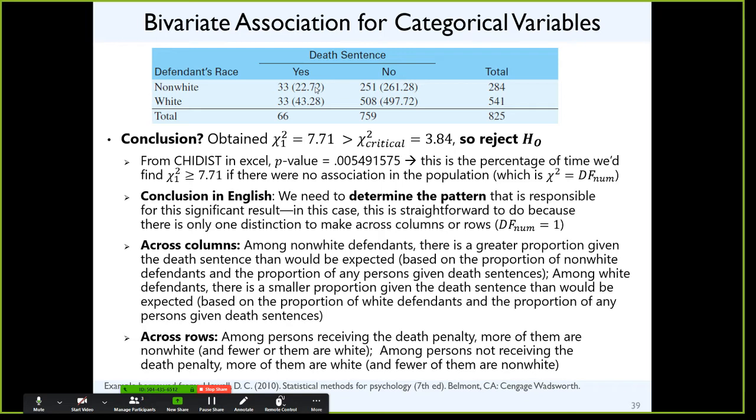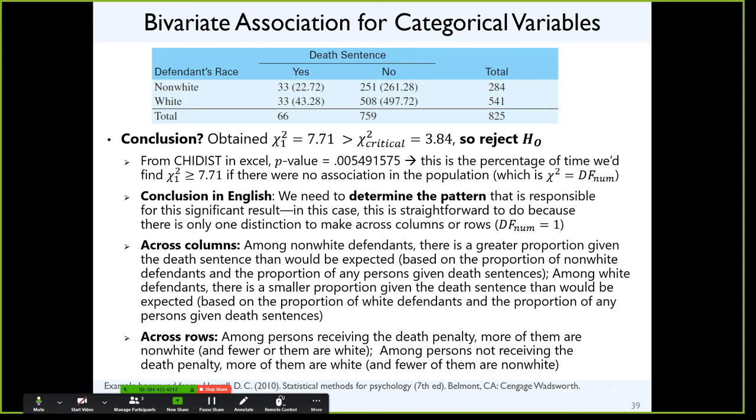I expected, based on just the frequency of each type of person in my data set, that 22 people would be given the death sentence if it were completely fair and had nothing to do with race. I got 33 instead. So yes, there is an association. Being non-white makes you more likely to be given a death sentence.